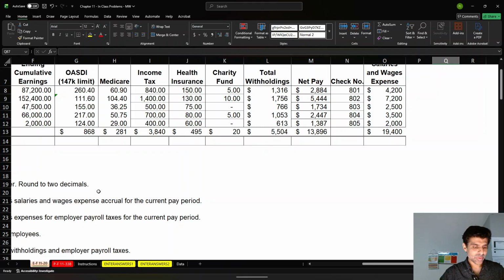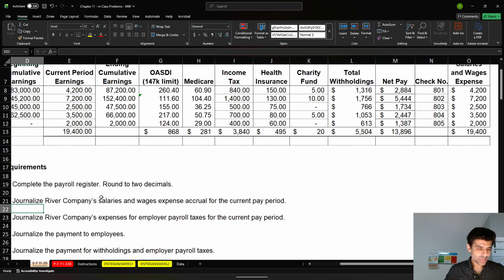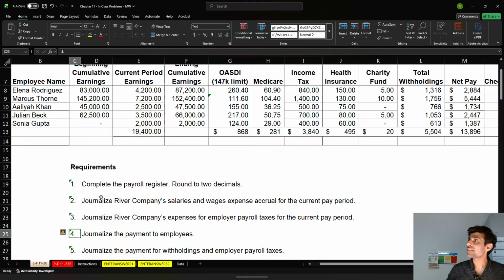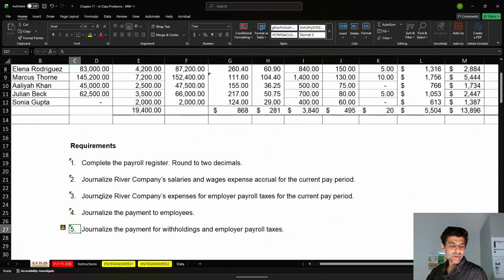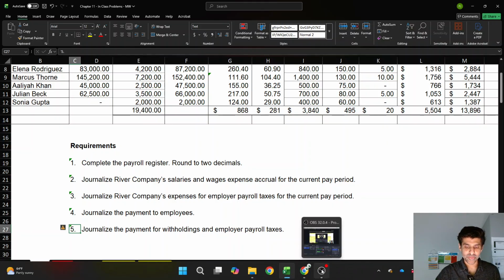First, it says payment to the employees. Okay, so one is when you write all the paychecks for the take-home pay. There's going to be one journal entry for that, and then there's going to be one where you pay off the withholdings and employer payroll tax. Okay, so there will be two different journal entries that you have to do now. Okay, so take a couple minutes, see if you can figure out what that is.